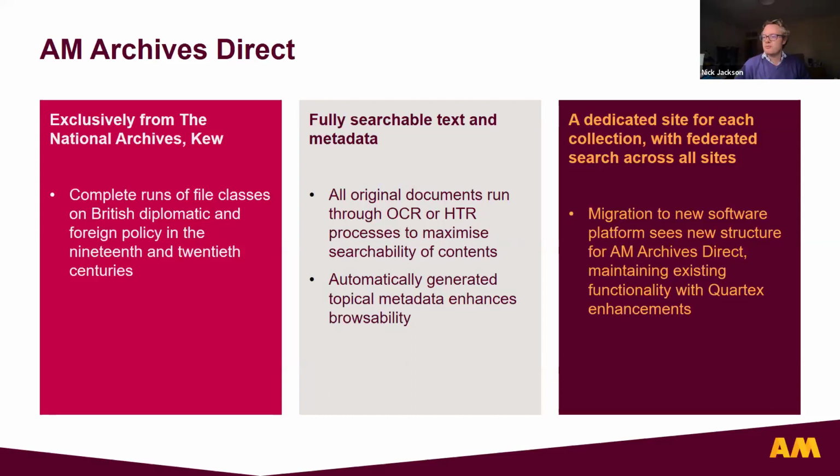Right, so what is AM Archives Direct? It is the suite of resources AM publish, which consists exclusively of British government material from the National Archives in Kew in West London, and it focuses on 19th and 20th century international relations from, of course, a British perspective. So this material consists in the largest part of government correspondence, so representatives of the British government, both in Britain and at diplomatic and administrative posts all over the world, writing to each other.